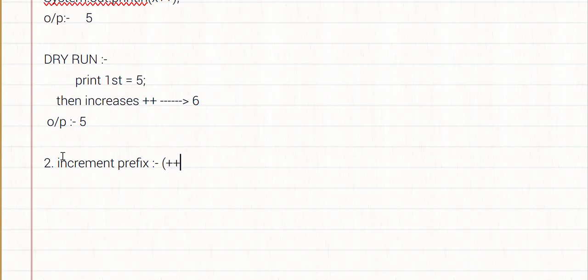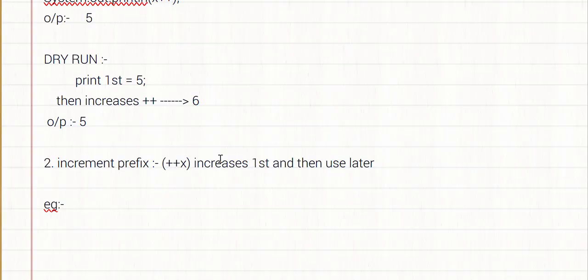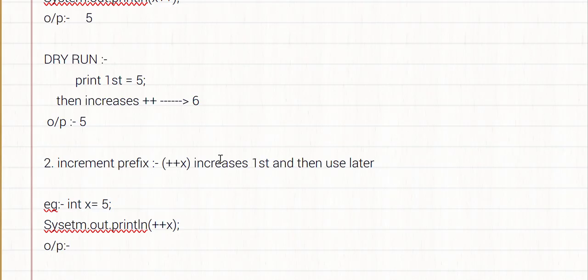Here plus plus x. First of all, it increases first and then assigns the value, meaning it uses it later. Now an example: int x equals 5, println of plus plus x. Then what will the output be? Guess.